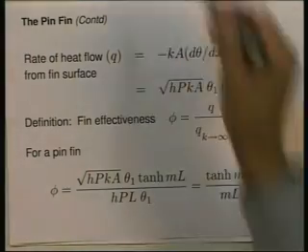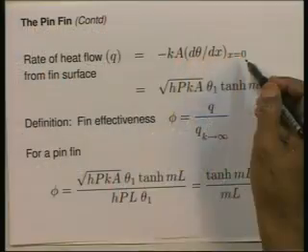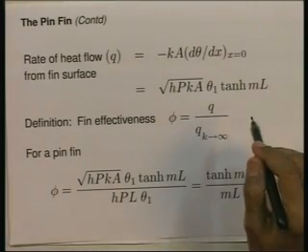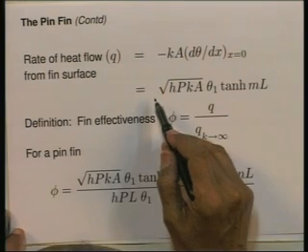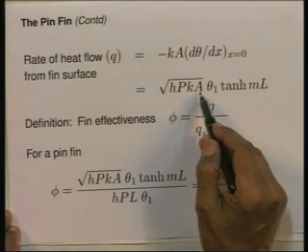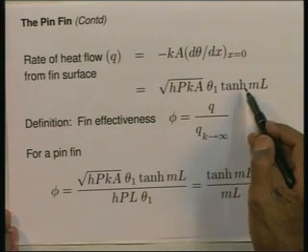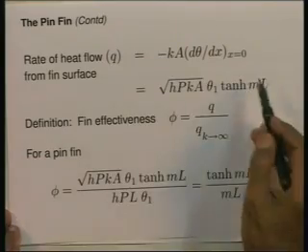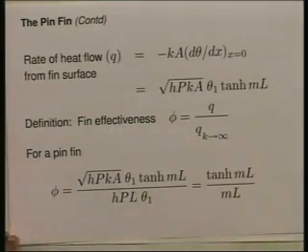And if you use the temperature distribution equation which I gave you, find out d theta/dx from it, put x equal to 0, which is a line or two of calculation for you to do, you can show that this will come out to be the square root of hpkA multiplied by theta 1 multiplied by the hyperbolic tangent mL. So, that is the rate of heat flow from this fin surface.